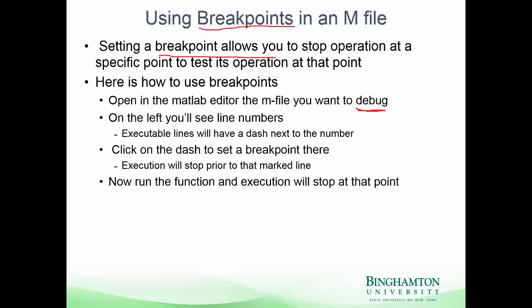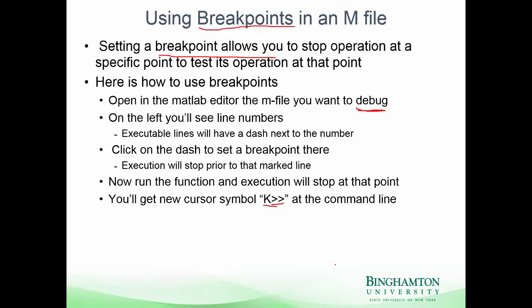So now you run the function. Execution will stop at that point. If you go over to your command window, you'll see at the command line, instead of having just the two arrowheads, a K preceding the two arrowheads. That K stands for keyboard. That tells you that you now have keyboard control at that point in your function, and you can test anything that you want.